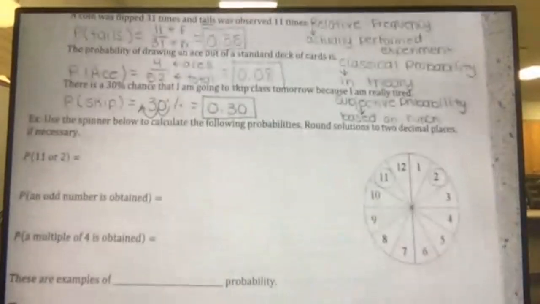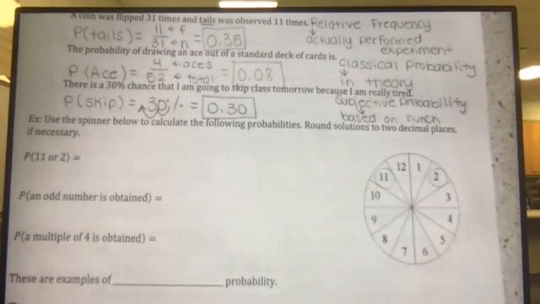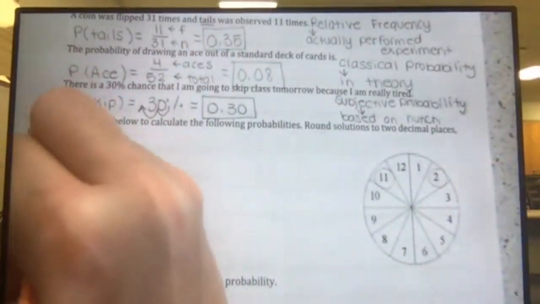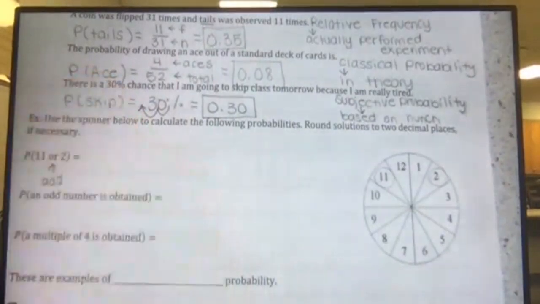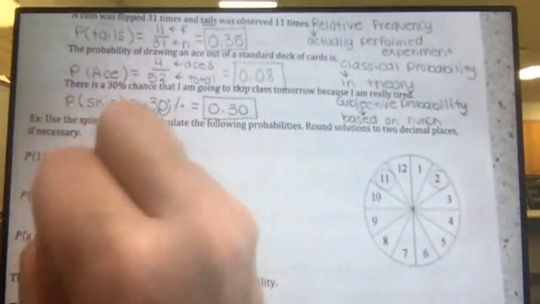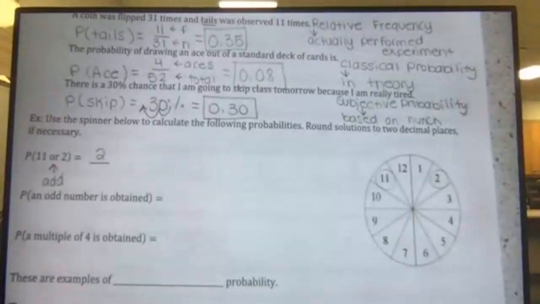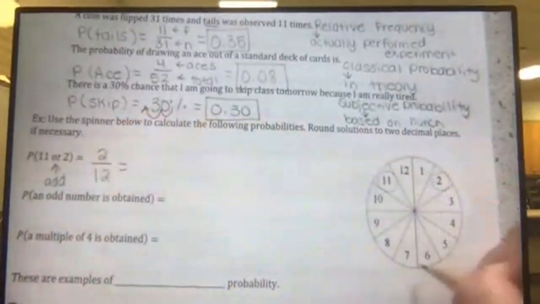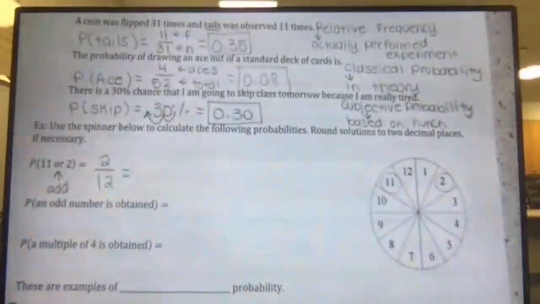How many favorable outcomes are there? 2. I have 2 things that I'm looking for. By the way, that word or means to add. So there's 1, 11 plus there's 1, 2. That gives us 2 favorable outcomes out of how many outcomes total? 12. Perfect. So 2 out of 12. 1, 2, 3, 4, 5, 6, 7, 8, 9, 10, 11, 12. So 12 different options.